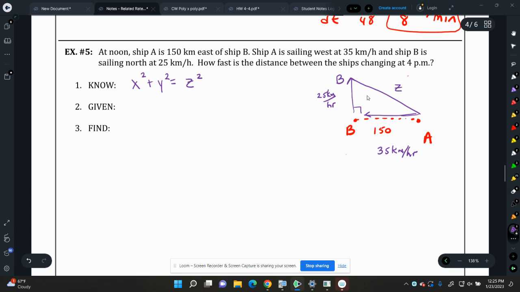Okay, let's do the next one together. An inverted cone is leaking water at a rate of, okay, so here's my cone.